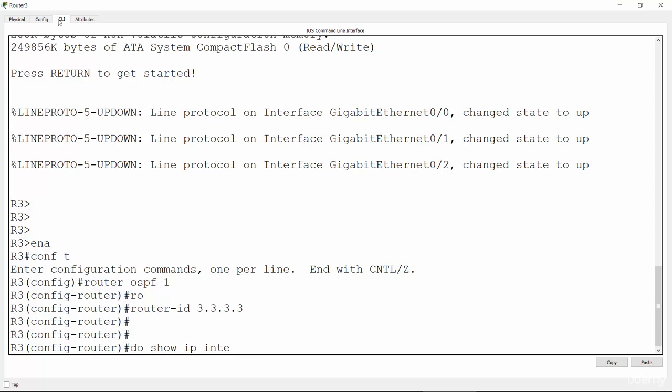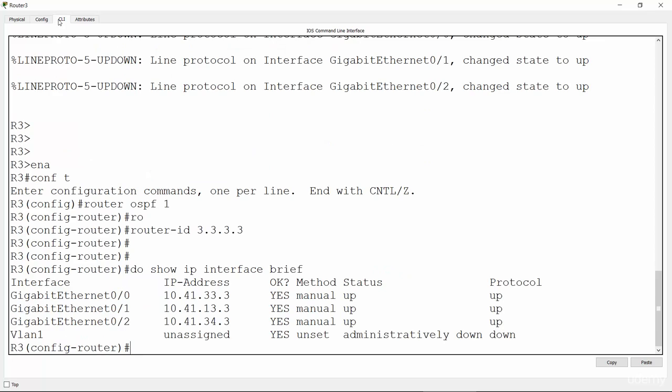Do show ip interface brief. I can do this, or I can go to privileged exec mode and use show ip interface brief, and the end result will always be the same.